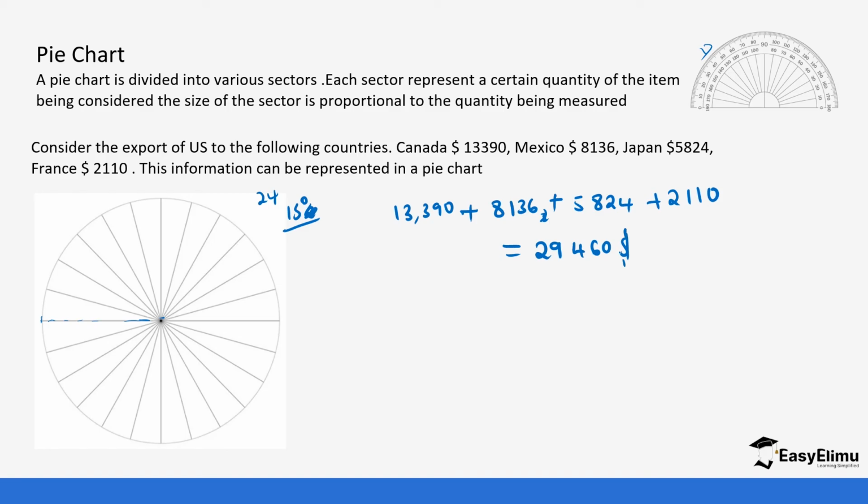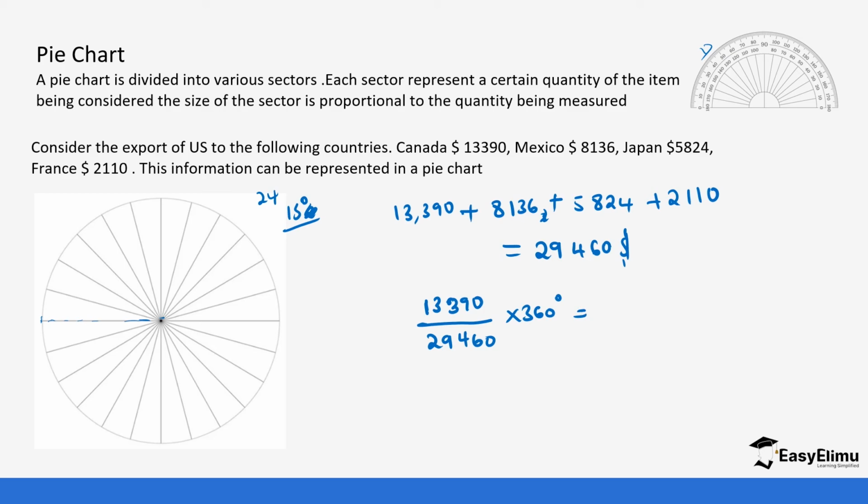So for us to get the specific degrees, we are going to take the specific value. Let's say Canada has 13,390 over the total, which is 29,460, then times 360 degrees, so that you can get the specific degrees.